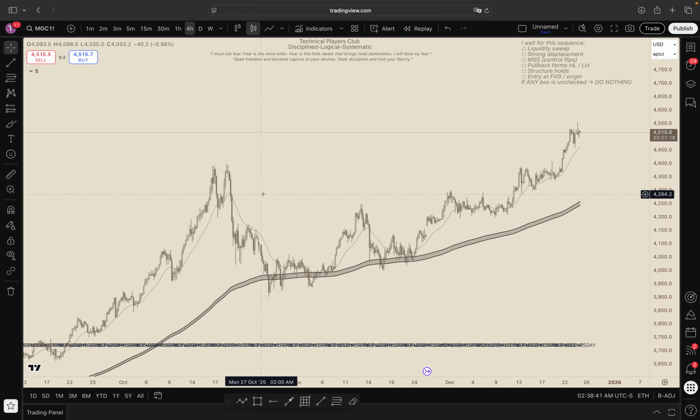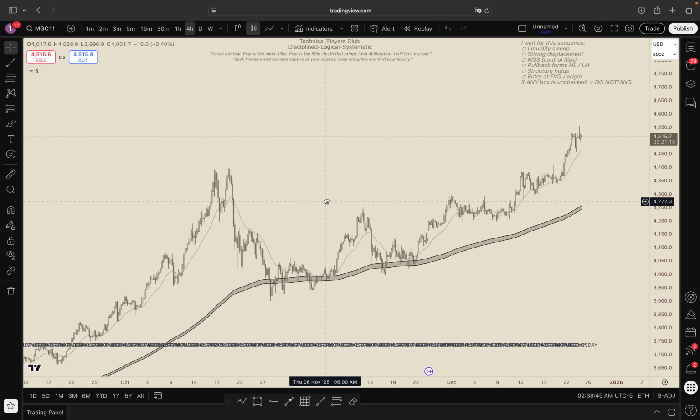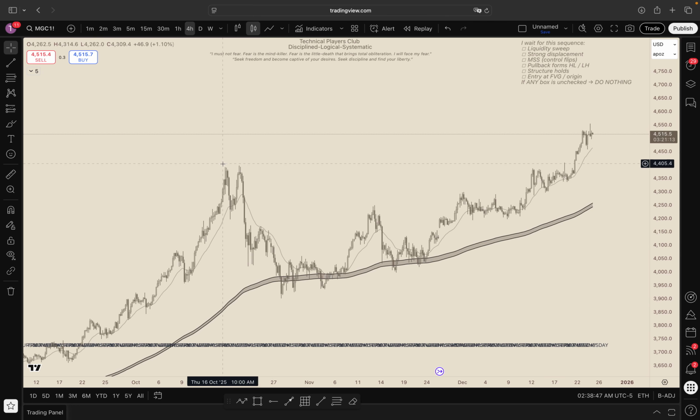All right? So just looking at this and not knowing anything, if you were here taking short positions, and you got in short somewhere around here, where would you think you'd place your stop loss, knowing nothing?